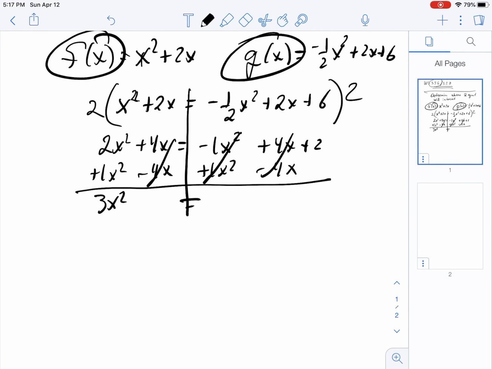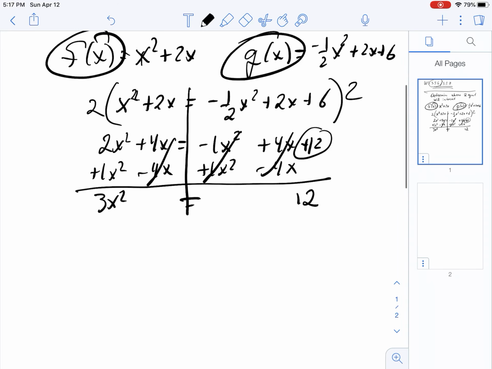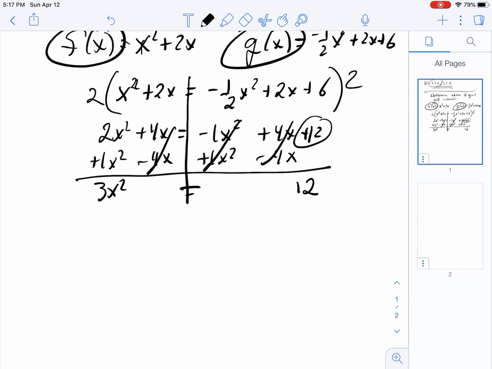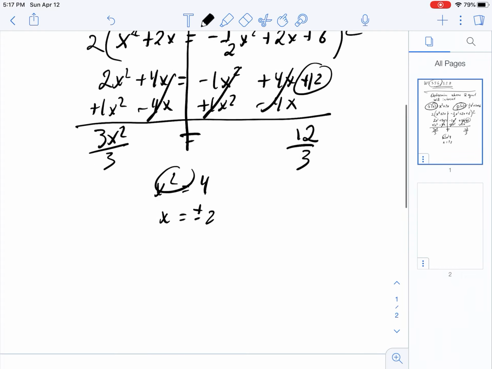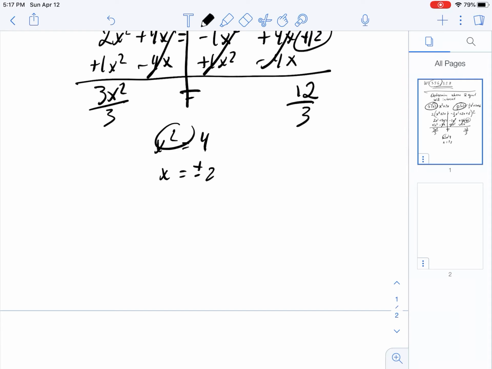We just had the 12 there. So when you only have two of the three things, we can just solve it by shortcuts. In this case, divide by 3, and we have x squared equals 4, and x would be plus or minus 2. Remember, that tells me that I have two solutions, and those will be both.